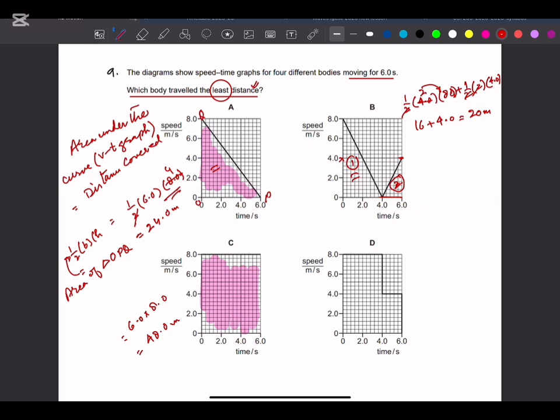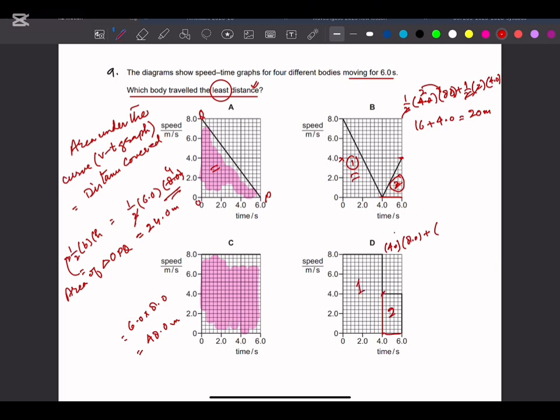In this other case you can divide this part into 2 rectangles, 1 and 2.